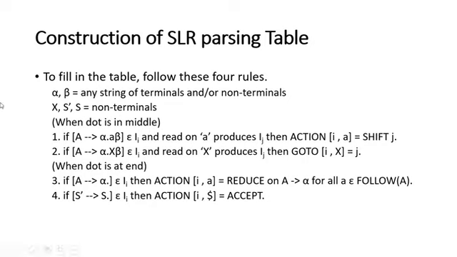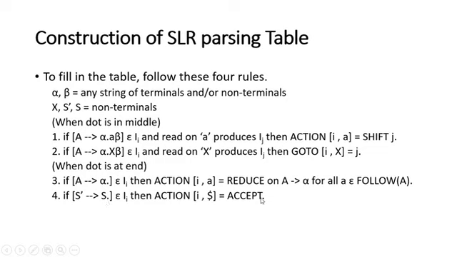So this is how to construct it. If you see dot a, small a, it's a terminal, then the action is a shift action. If it is a capital, it is a goto action. If it is ending at a dot, then it's a reduce action, but if it is the starting symbol, it is an accept action.